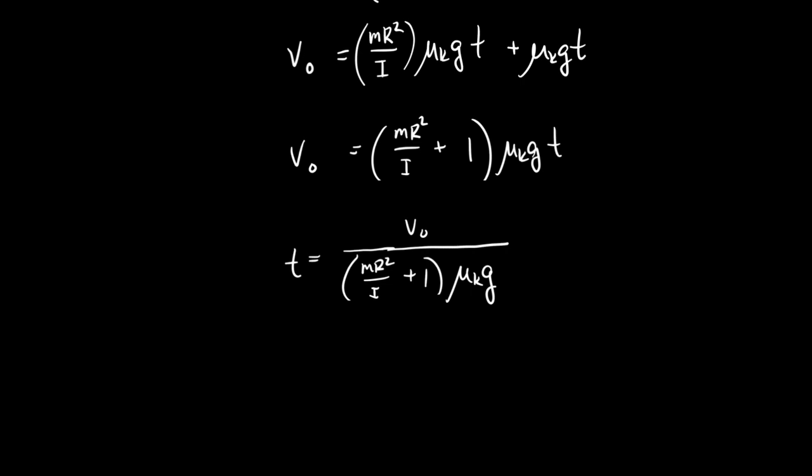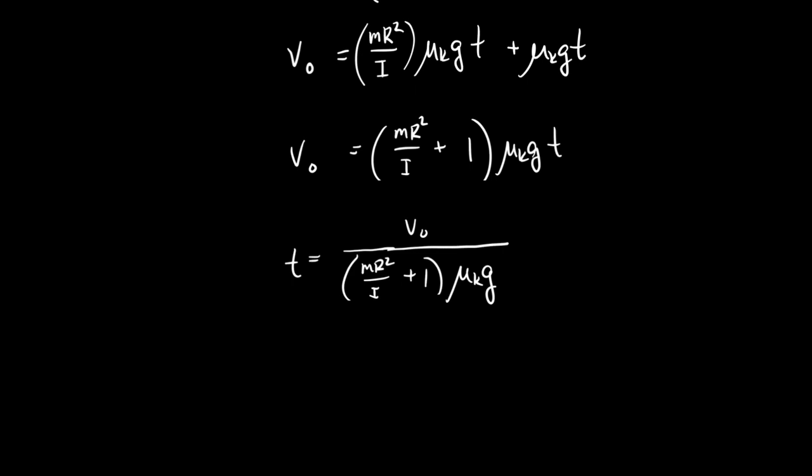This is how long it takes until we're rolling. This is not the answer. The answer was about how far it goes. This is how long it takes. Now, this looks way complicated, but remember, you're going to put something in for I, right? For example, we're supposed to compare a ring with a solid sphere. Pick one of them.